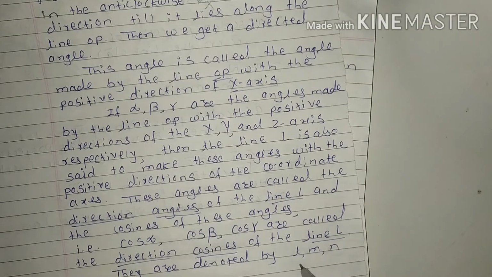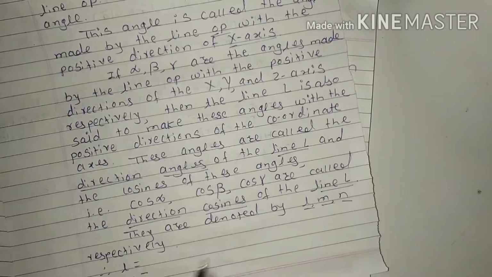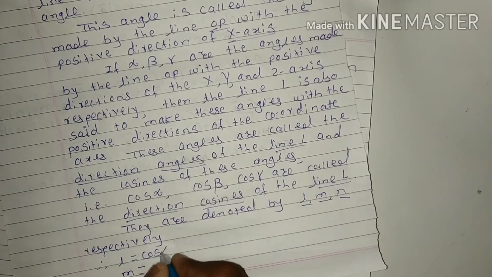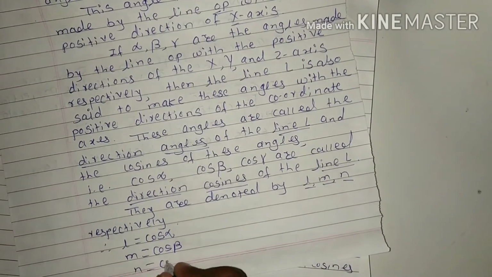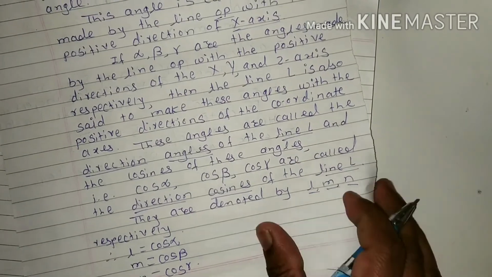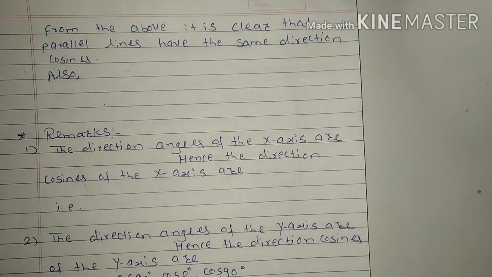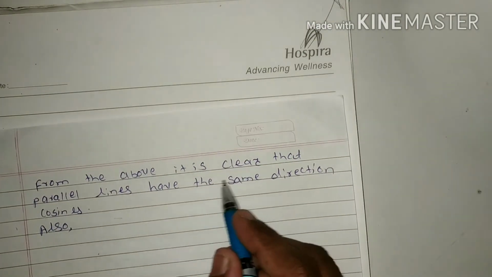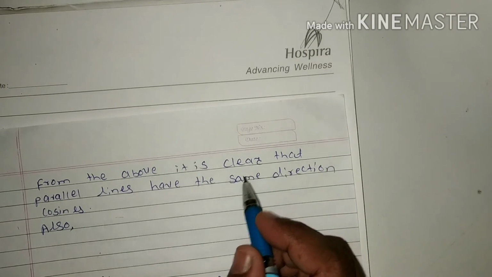They are denoted by small l, small m and small n respectively. Therefore, l is equal to cos alpha, m is equal to cos beta and n is equal to cos gamma. From the above, it is clear that the line L is parallel to OP.